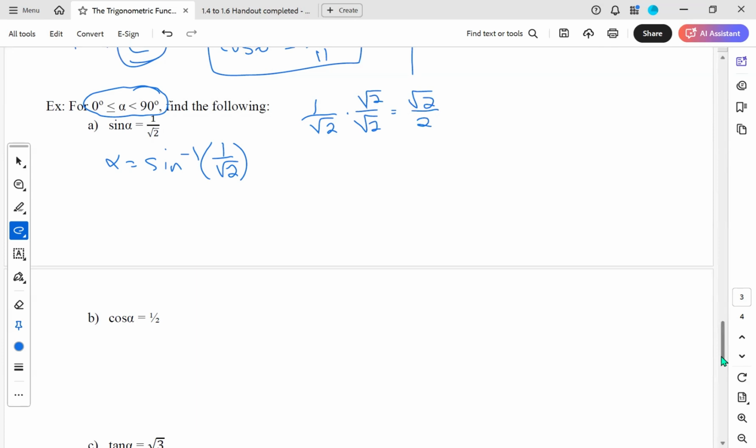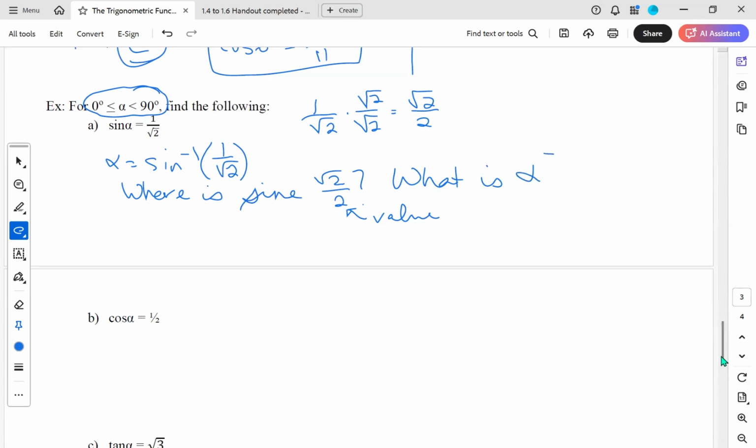So I want to know, where is sine square root of 2 over 2? I'm not saying sine of square root of 2 over 2. Square root of 2 over 2, keep in mind, this is a value. I am asking, what is theta?